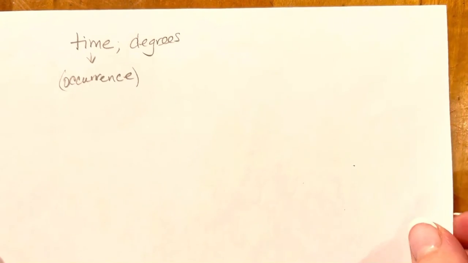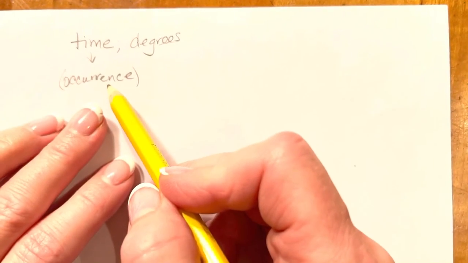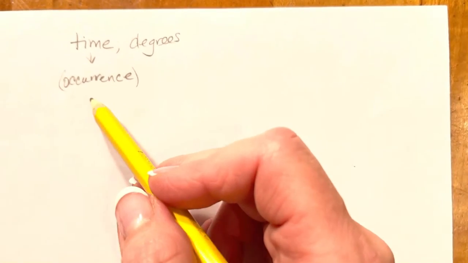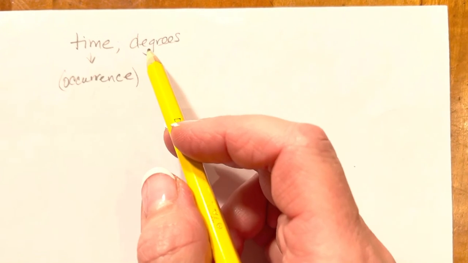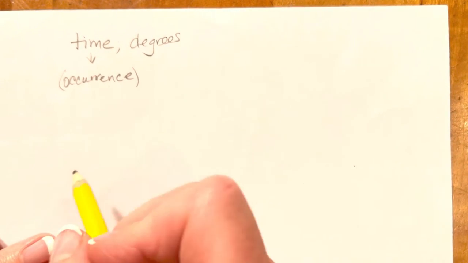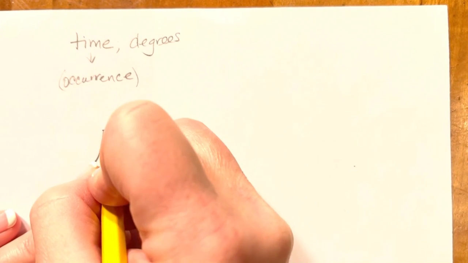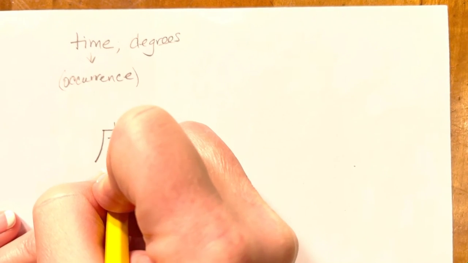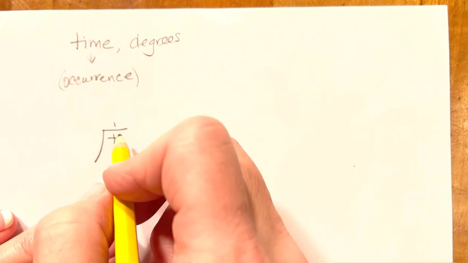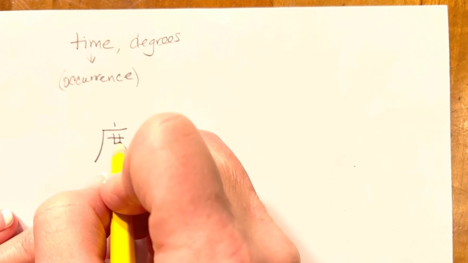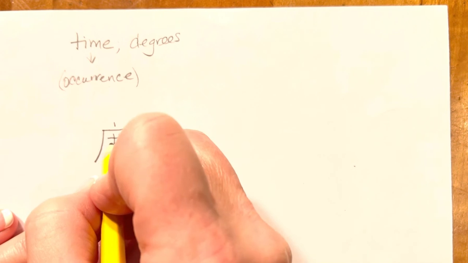All right, and the last one for this group is time as in occurrences. Okay, how many times something happens, or the next time something happens, and degrees as in temperature. So 1, 2, 3, okay, that's our cliff. 4, 5, 6, which is a little bit different from mukashi, remember, where this one was a stronger one for the mukashi. It's a stronger, longer stroke.